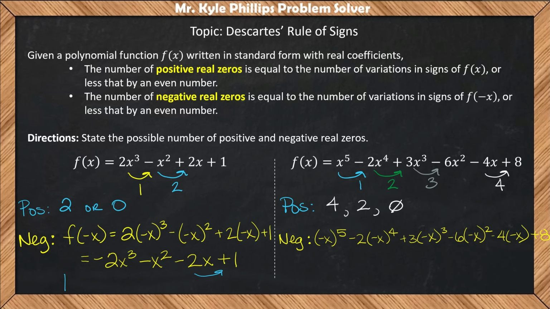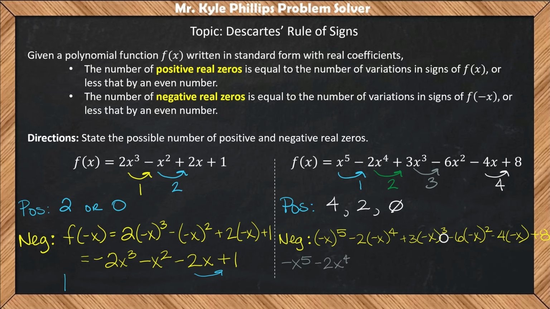Just did make it, almost ran out of room. Okay, so negative x to the 5th is still going to give me negative x to the 5th. Negative x to the 4th is a positive x to the 4th, but this is being multiplied by negative 2. So this is minus 2x to the 4th.